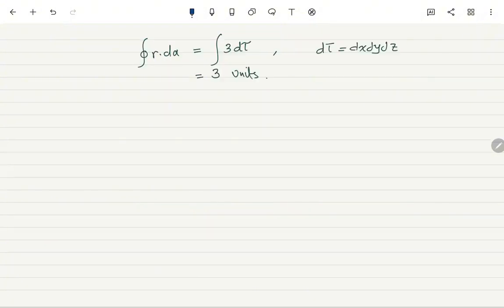So far we defined the del operator when it's applied on scalar quantity, and we name this gradient, and we defined the del operator when it applies on a vector, it's called divergence.